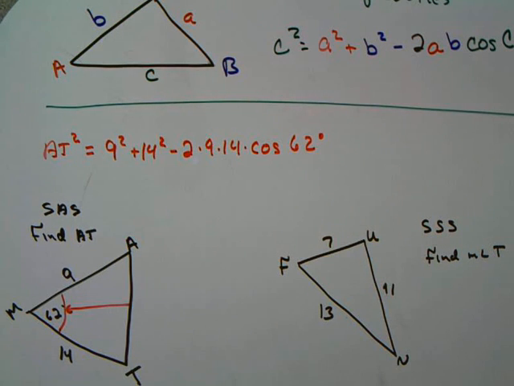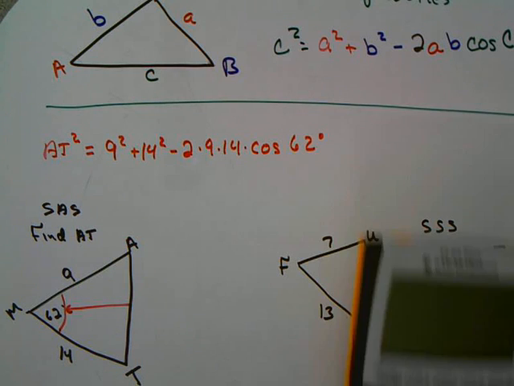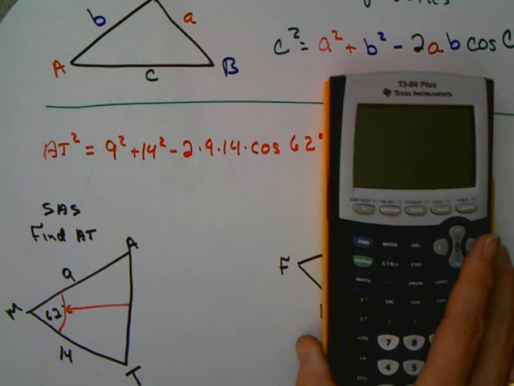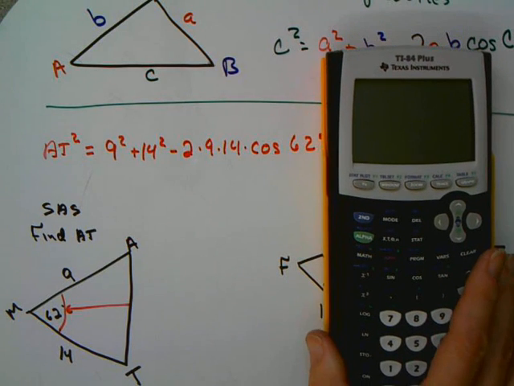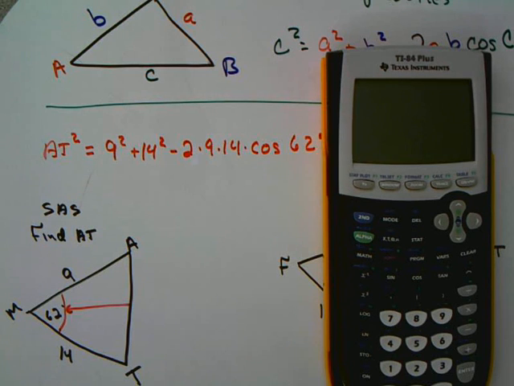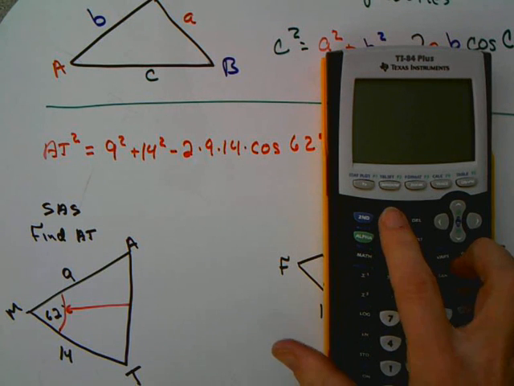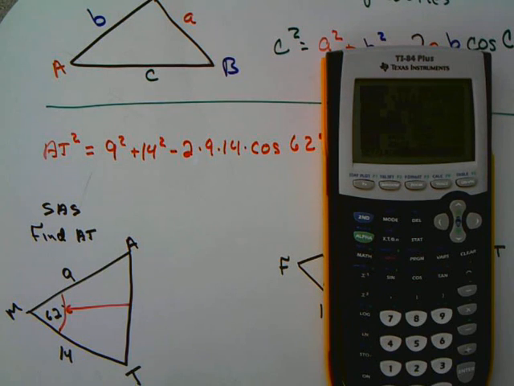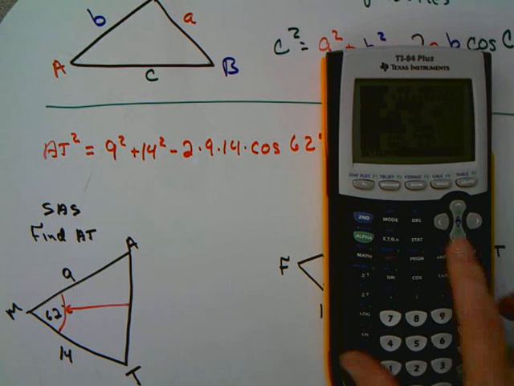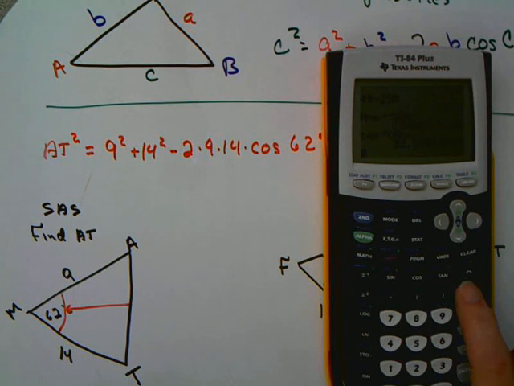Do not, at this point, try to do anything mentally. This is kind of a big deal, and you know it's not going to be rational anyway, because you've got a cosine ratio. So I would check my mode first. I'm in degree mode, so it's all good. Make sure you're in degree mode.